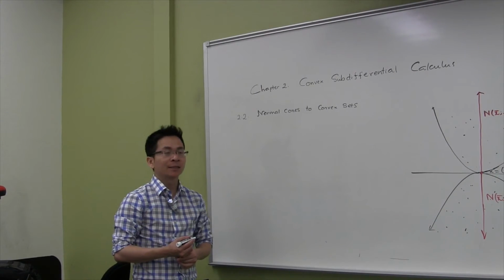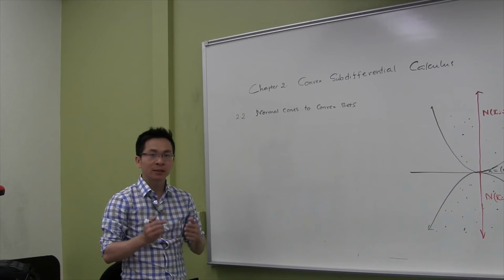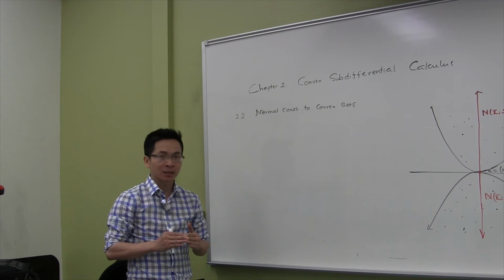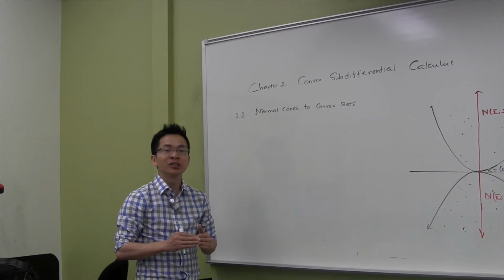Now I'm going to present an example to show that the normal cone intersection rule is not satisfied in general.